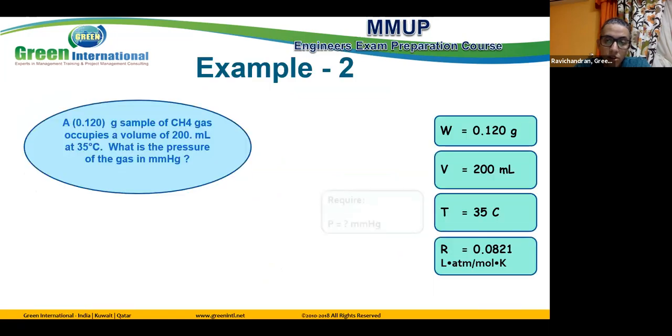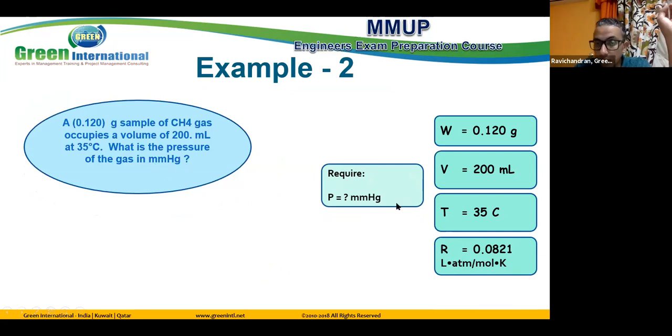In the other equation, almost the same, we select liter atmosphere per mole Kelvin, which is the same value, but here the required pressure is in millimeters of mercury. When you read the problem, you will find the required pressure in millimeters of mercury. But you can solve it with these units to get atmospheres, and then convert to millimeters of mercury.